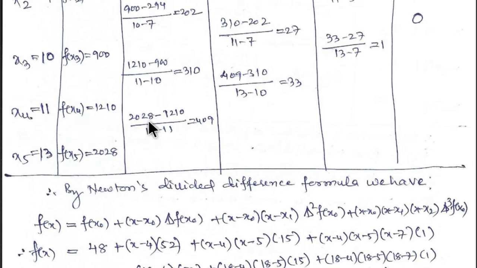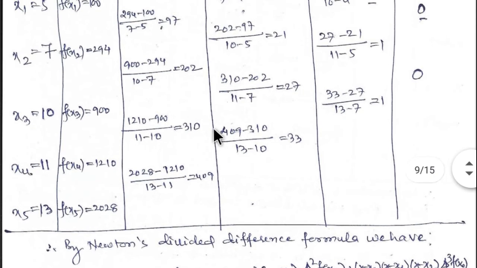Similarly 2028 minus 1210 divided by 13 minus 11 in the denominator, so this gives 409.